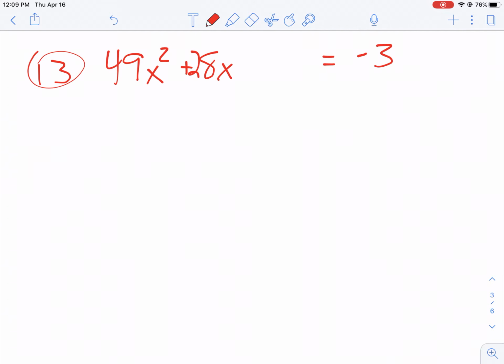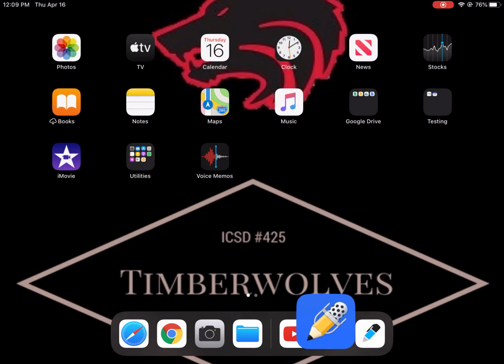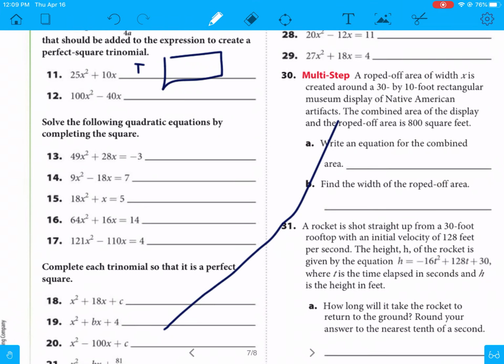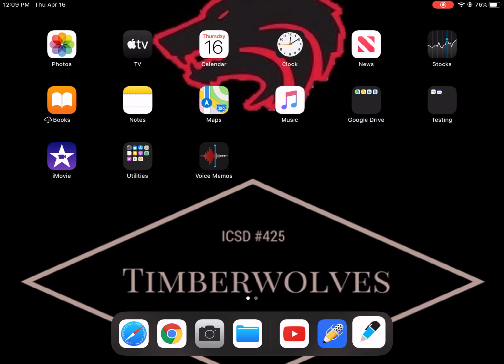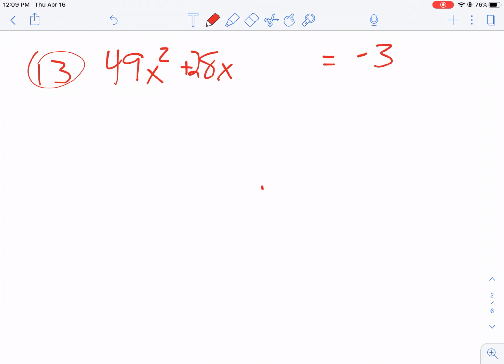Now the next question we had was problem 13. On 13 it says solve the following quadratic equations by completing the square. The first thing you have to look at is if that's a perfect square, which 49 is. So we can go through and solve this by completing the square. Since there is a number in front of the x squared, we're going to use b squared divided by 4 times a.